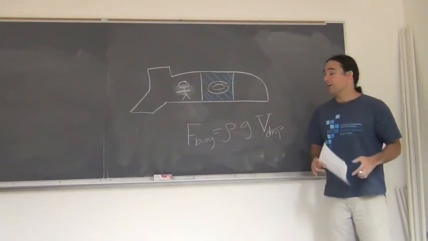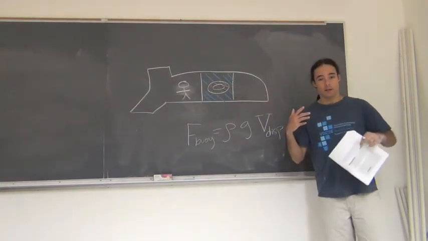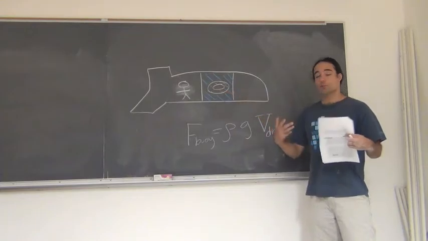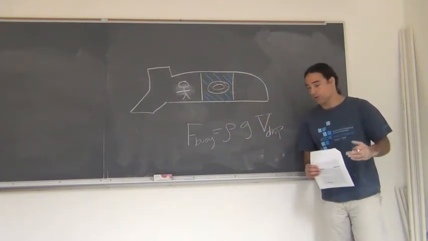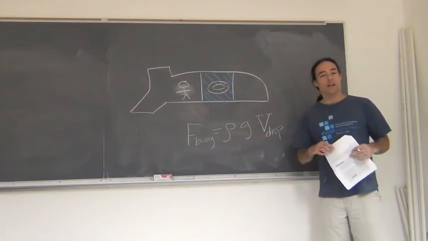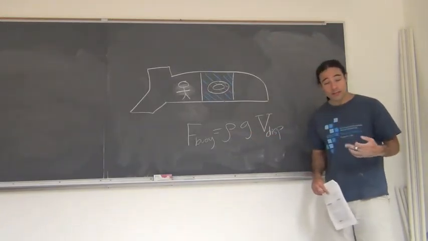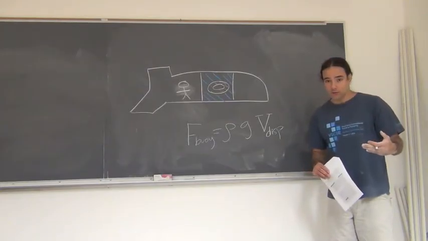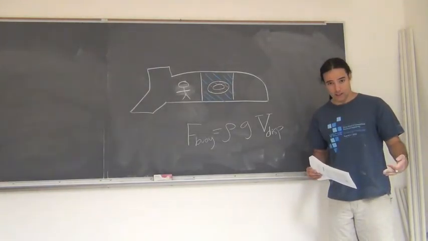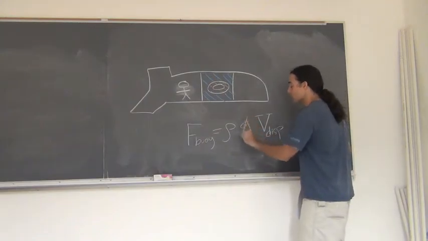The volume displaced, since my inner tube is just submerged entirely under the water, will just be equal to the volume of the inner tube. The problem comes when I try to figure out g. Normally, we're used to thinking of g as a constant. But we're in outer space. There is no gravity here. So my g is 0.